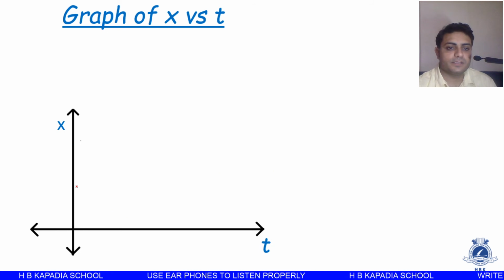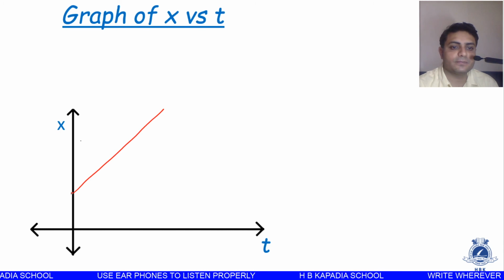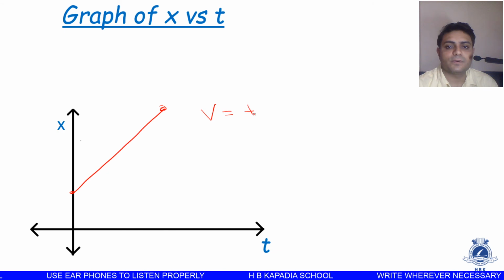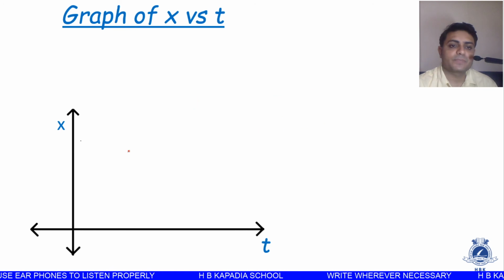If the x versus t graph is like this, the object initially is at positive direction and he is moving towards more positive direction, so in this case the velocity will be positive.